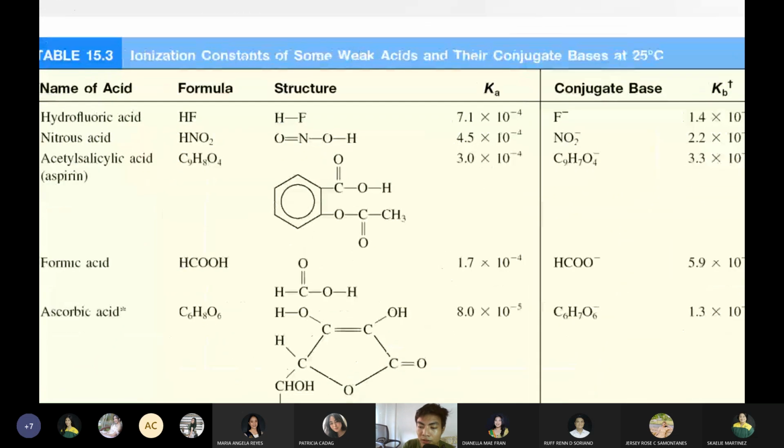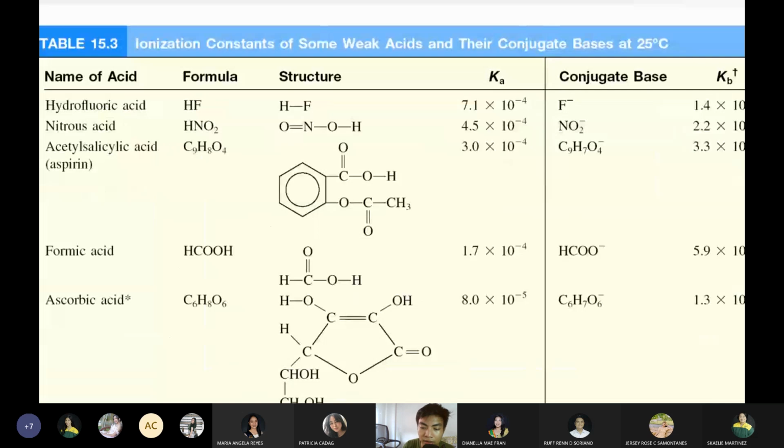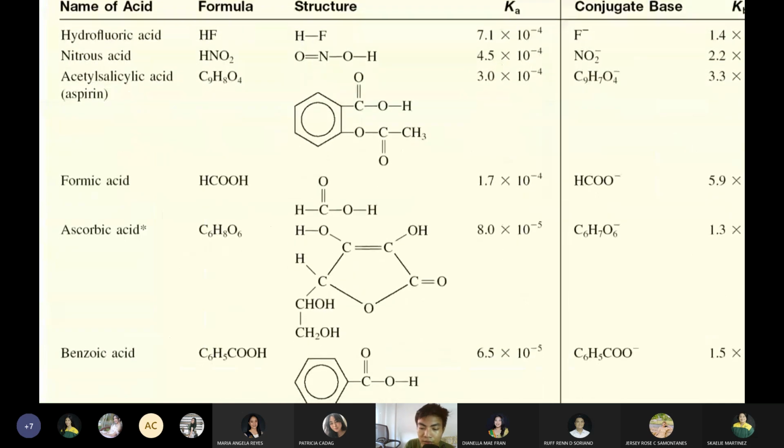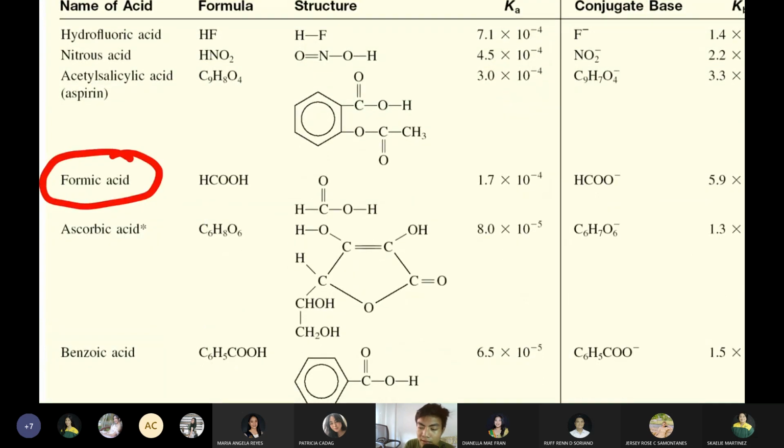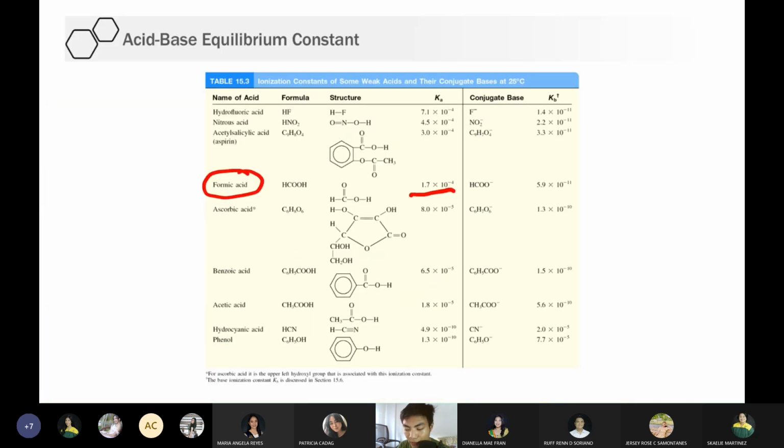So, we have this table of some weak acids and their ionization constant. So, for formic acid, the Ka is 1.7 times 10 raised to negative 4. So, yun yung gagamitin natin to solve for the pKa.